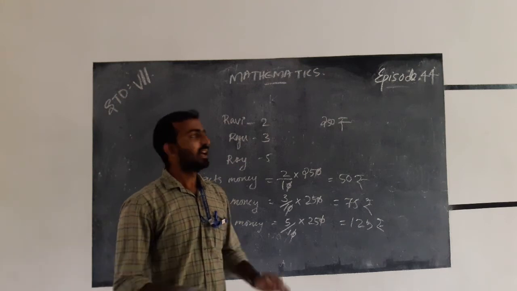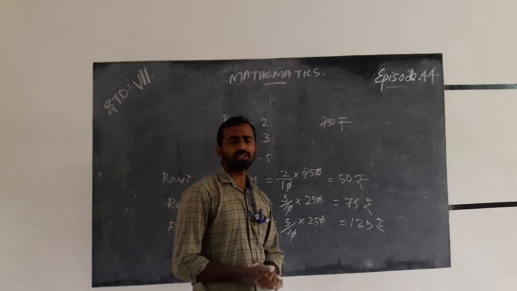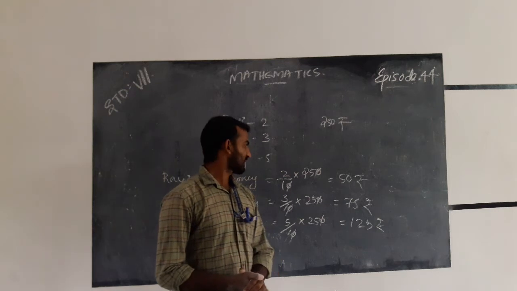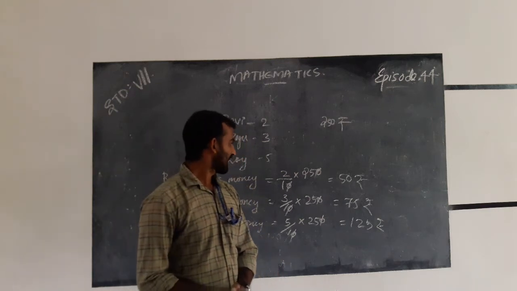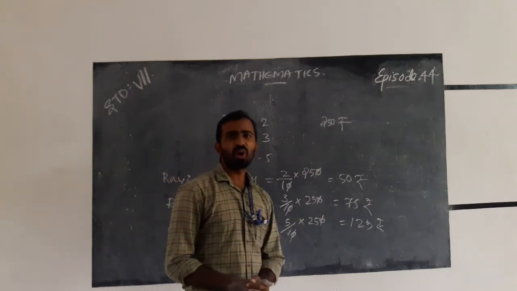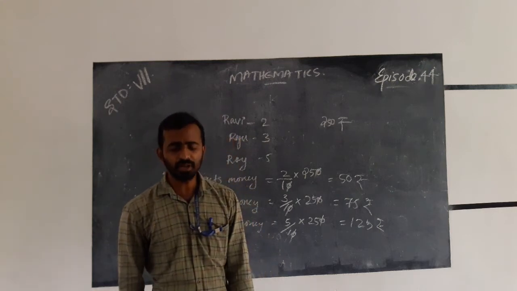So Ravi gets 50 rupees, Raju gets 75 rupees, and Roy gets 125 rupees.